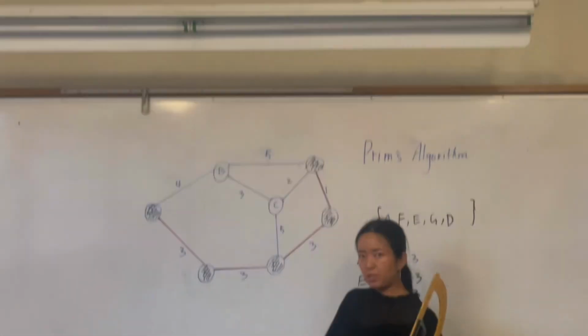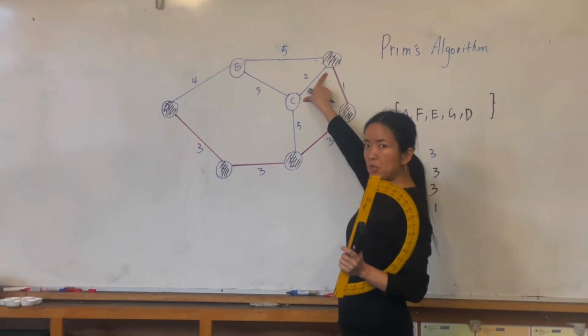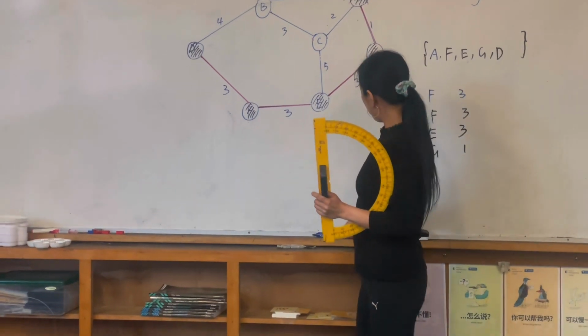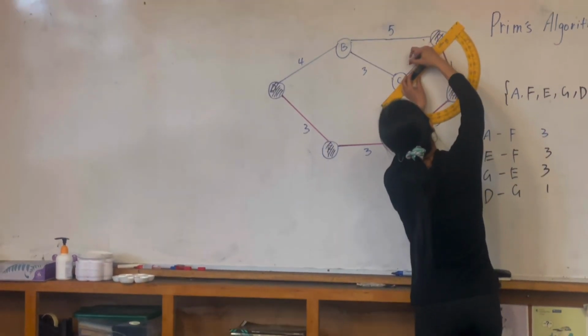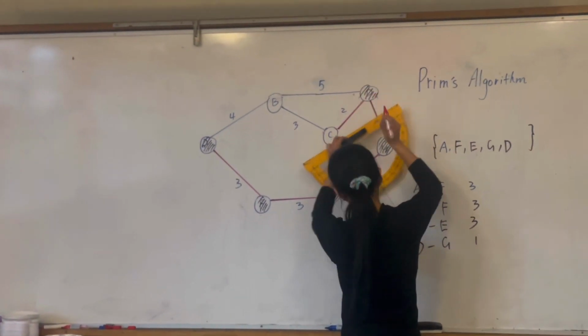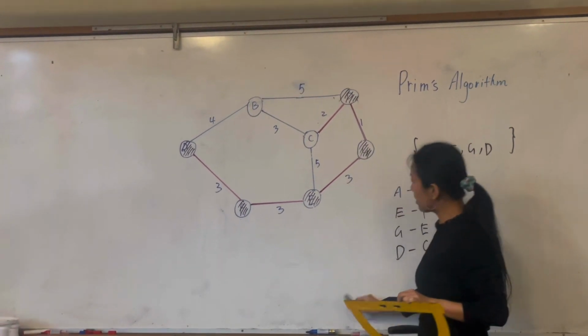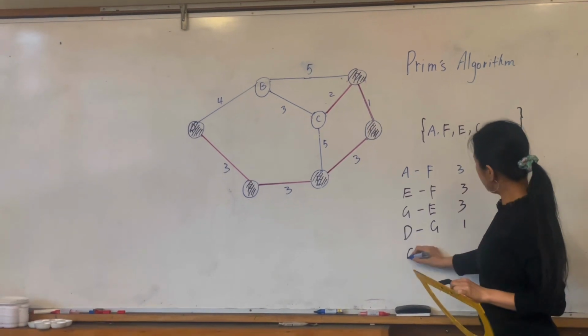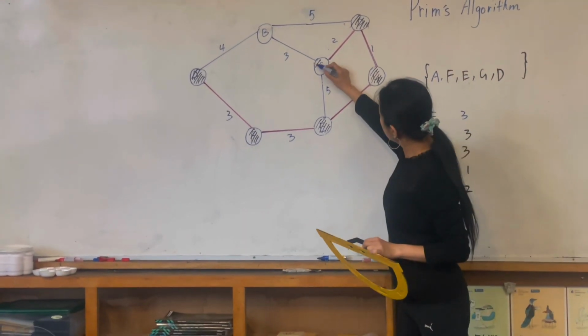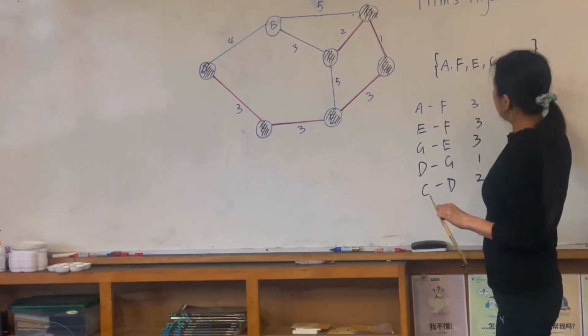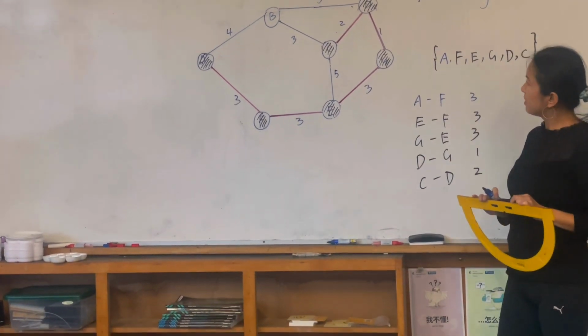Which path is shorter? Obviously, the weight of 2 is shorter. So we will highlight the path CD. And we copy the path name CD here. And we update node C as a visited node in the set.